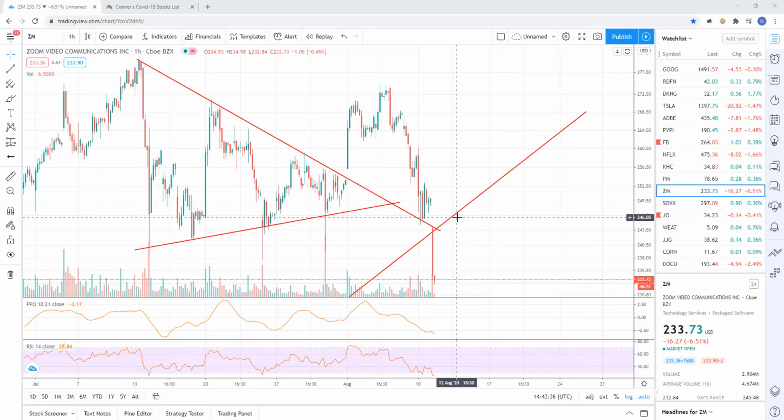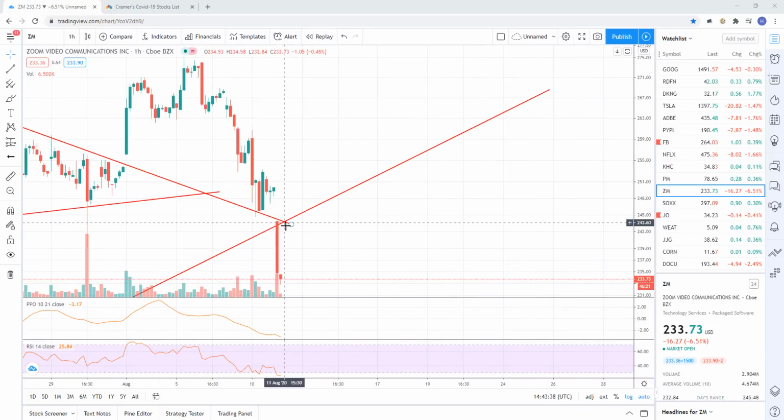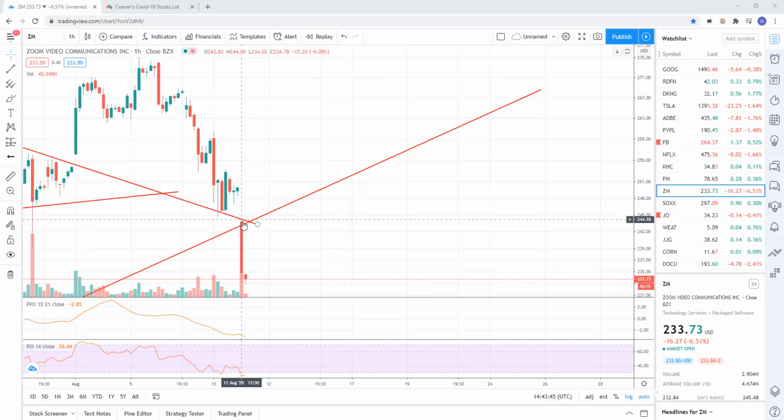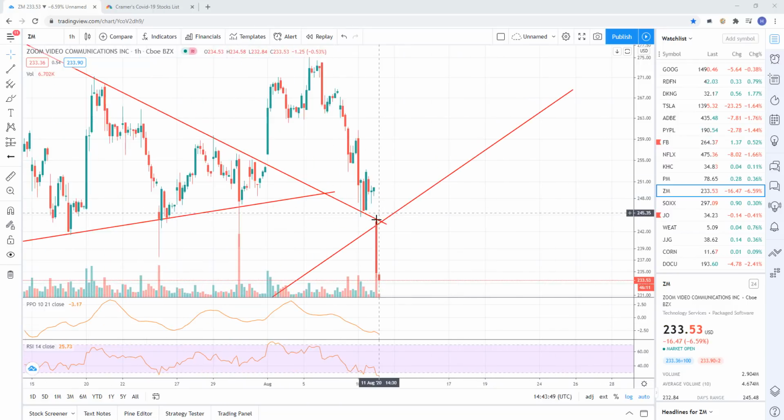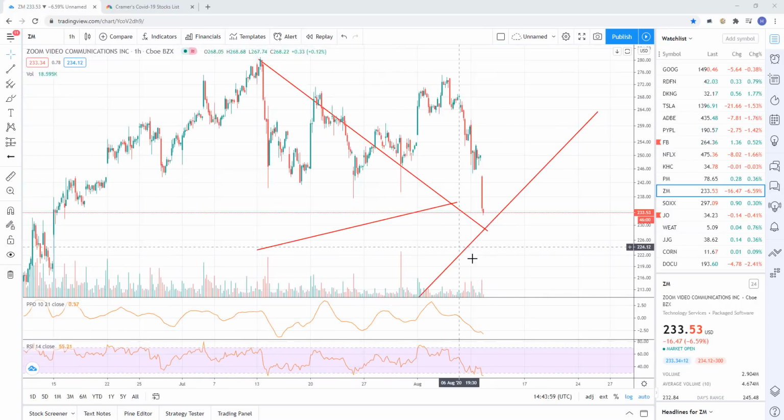And the psychology behind this that I like is this uptrend line is the trend line that this thing has been in. And a lot of people were probably looking to either add at support or basically continue the uptrend, but instead what we got was a gap down right to support and then an instant sell off. So pretty impulsive.